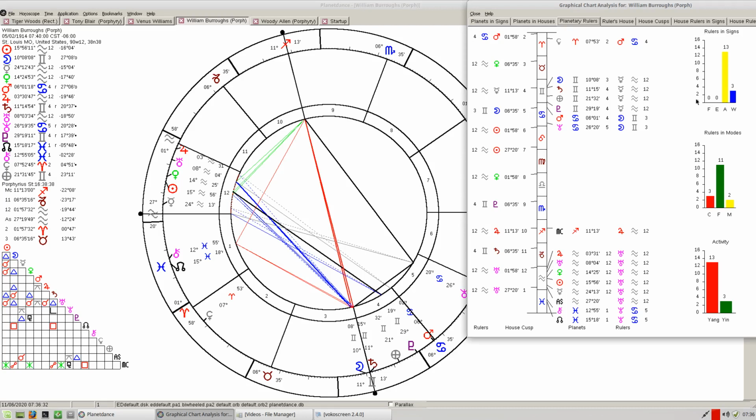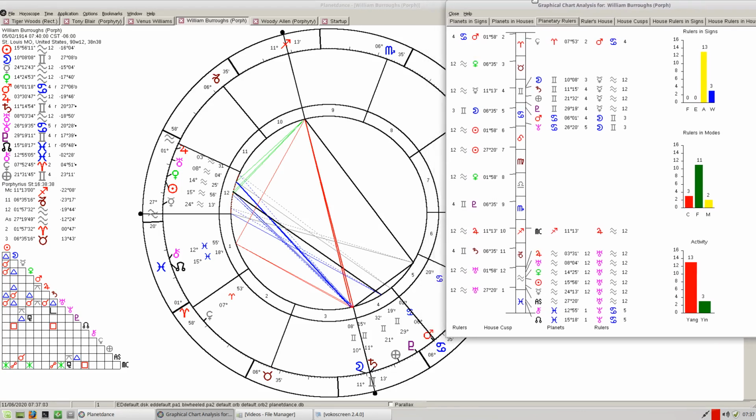So for example, you have Moon, Saturn, Part of Fortune, Pluto, Mars, Neptune, the midheaven, Jupiter, Uranus, Venus, Sun, Mercury and Ascendant, all ruled by either Mercury in Aquarius, the Moon in Gemini, or Jupiter or Uranus in Aquarius.